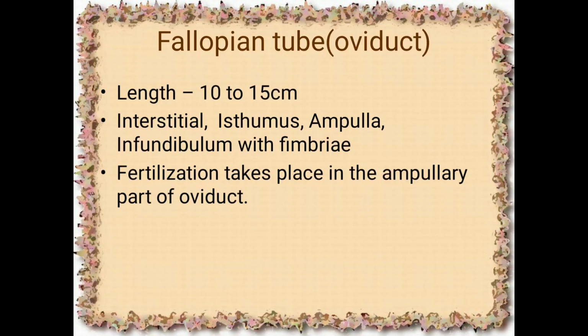Next is the fallopian tube, otherwise called the oviduct. There are two fallopian tubes arising from both sides of the upper pole of the uterus, and the length of each fallopian tube is about 10 to 15 centimeters. The parts of the fallopian tube are the interstitial part, isthmus, ampulla, and infundibulum with fimbriae.